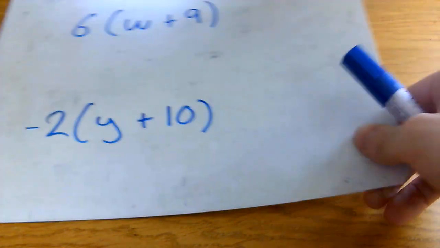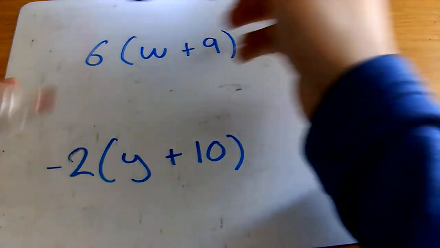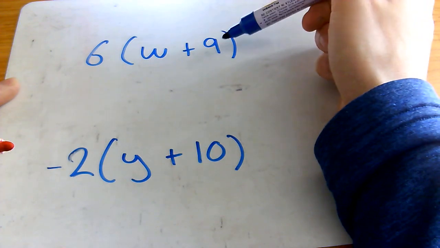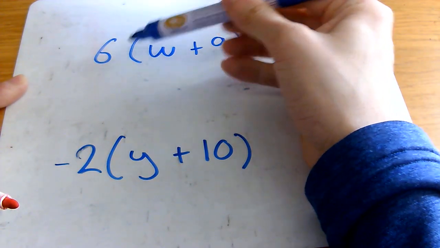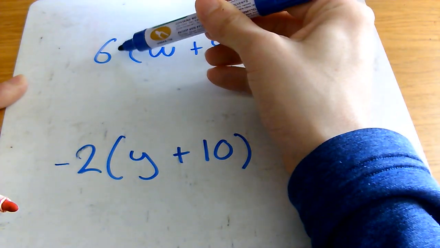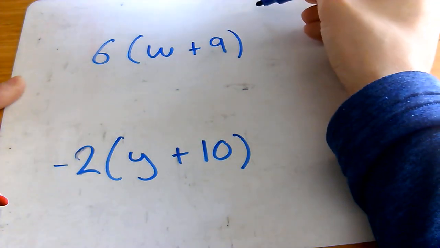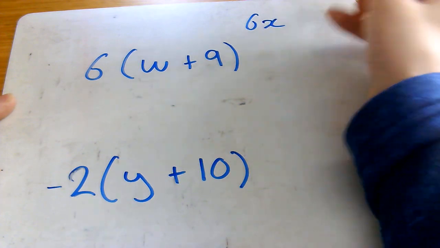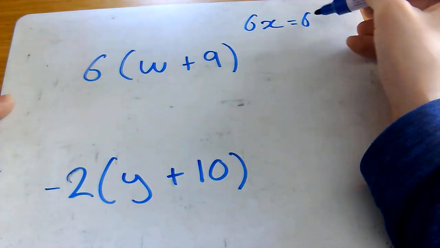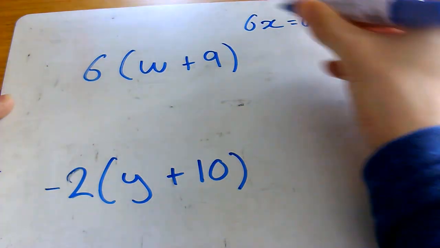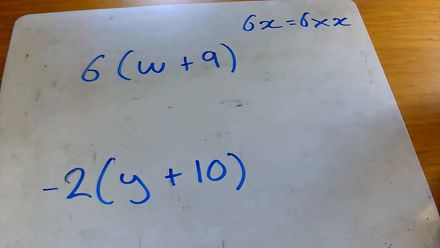Let's look at some other examples of how to expand brackets. So this one here, 6 bracket W plus 9. Now you'll notice there's no symbol here, but there's always an invisible multiplication sign between the brackets. Remember before I was saying that if you have something like 6x, that means 6 times x, 6 multiplied by x. We don't write it in because it's just quicker not to.